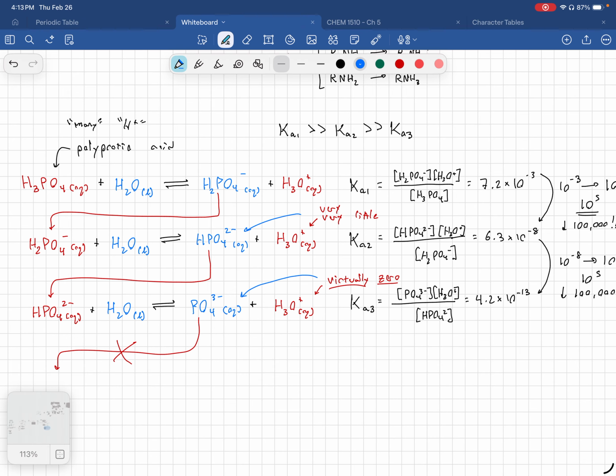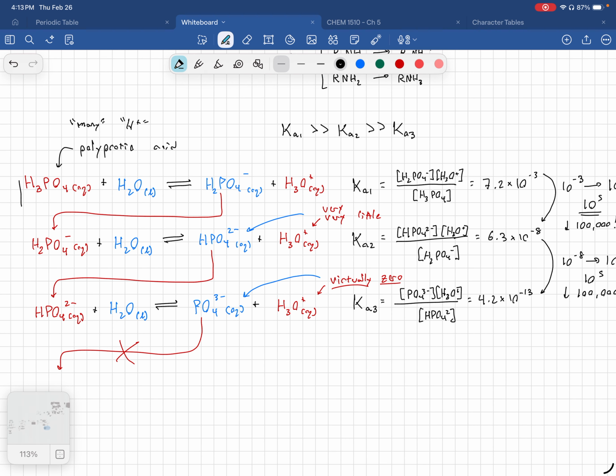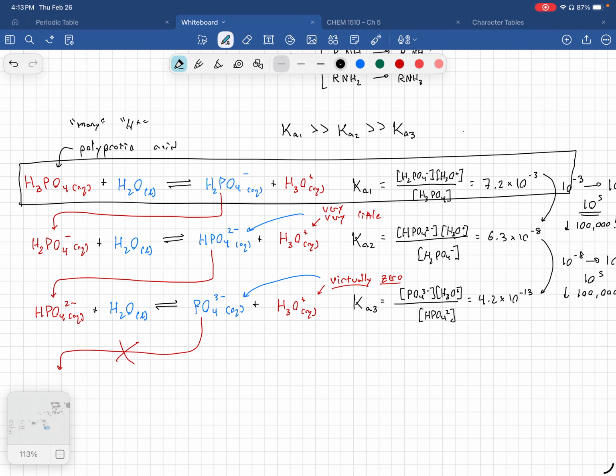And your products of your third ionization are going to be virtually zero relative to that first ionization. And so therefore, typically for polyprotic acids in calculations, as we'll see later, we're only going to care about the first ionization.